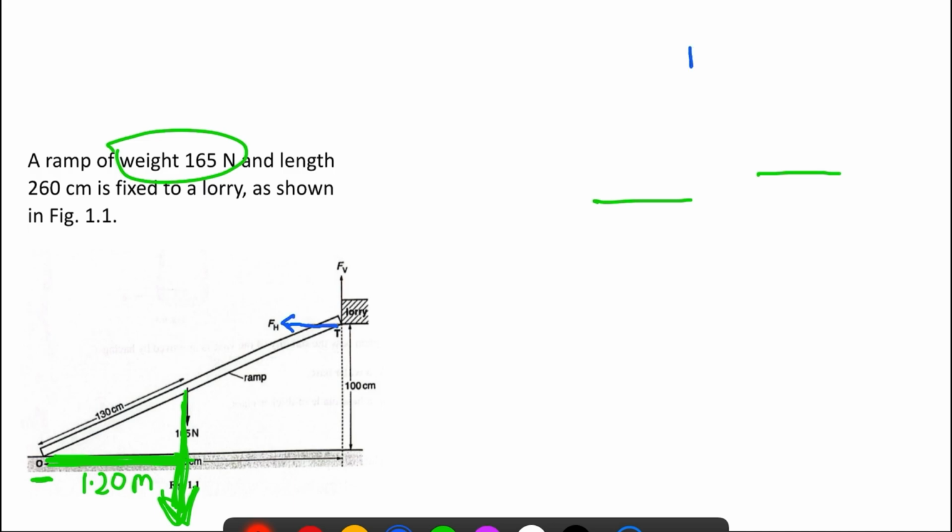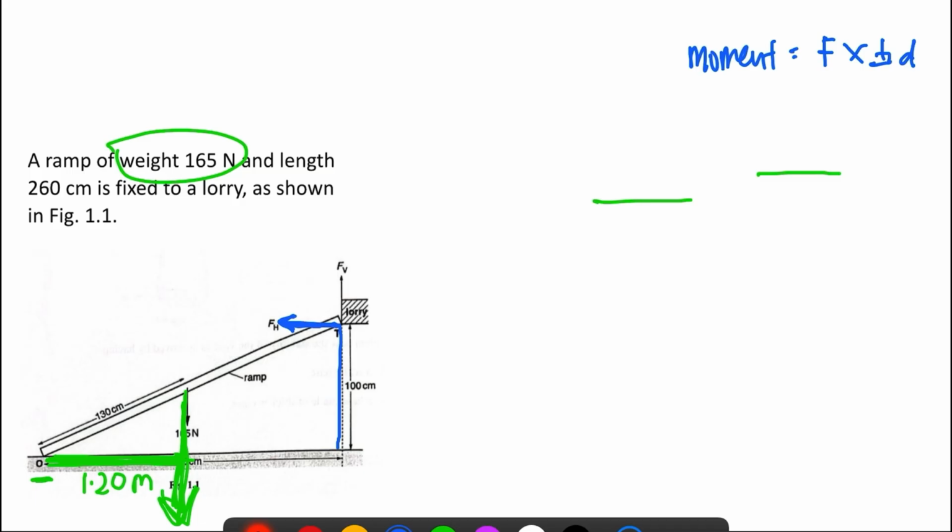For moments, it must be force times perpendicular distance. So if the force acting right here is a horizontal force, the distance perpendicular to it is 100 cm. Okay, but remember to convert it to meters.